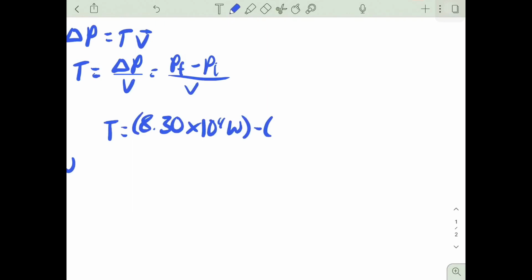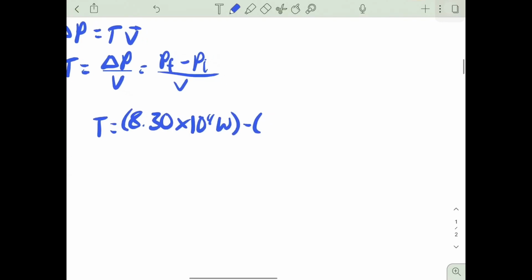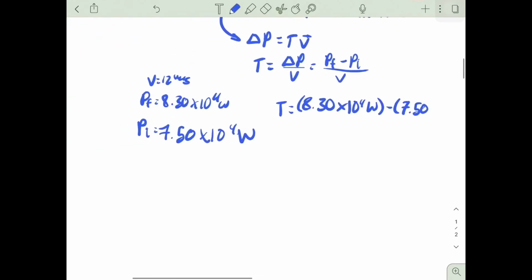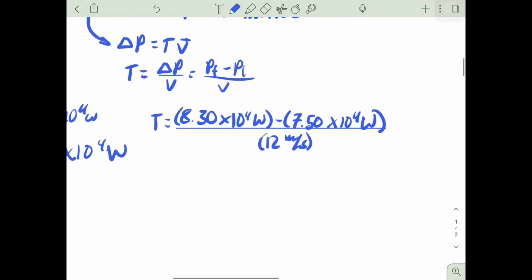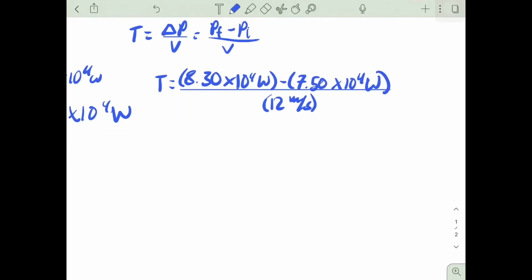I can just leave the units until the end, but it's also helpful to have them in case you are able to cross them out and find exactly what you need. Our initial power is 7.50 times 10 to the fourth watts, over 12 meters per second.